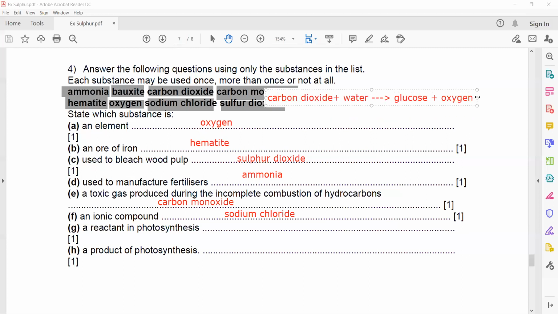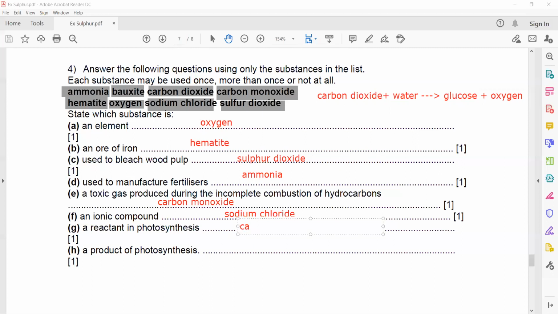So which one of them is a reactant? You can identify carbon dioxide as a reactant here. And the products of photosynthesis are glucose, which is not written, and oxygen. So you can write oxygen.